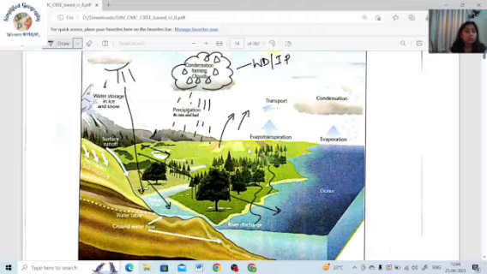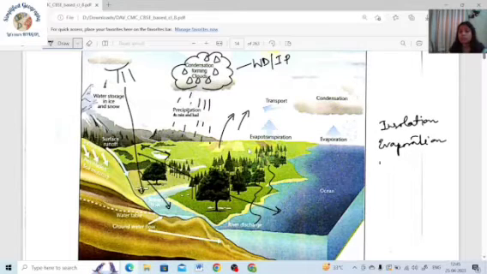So what are the processes there? First is insolation. The sun rays come, then it heats up, and then the evaporation happens. After evaporation, we see condensation, the cloud formation process. Then when the cloud is unable to hold the moisture, it rains.